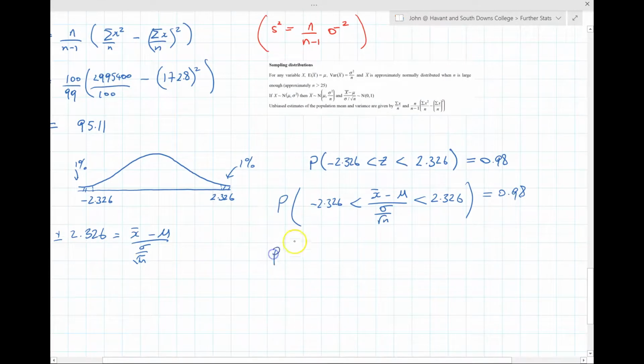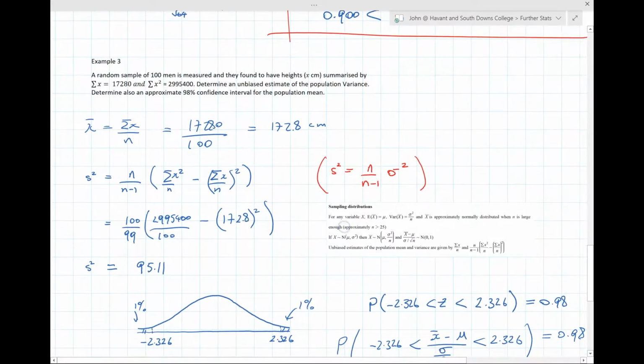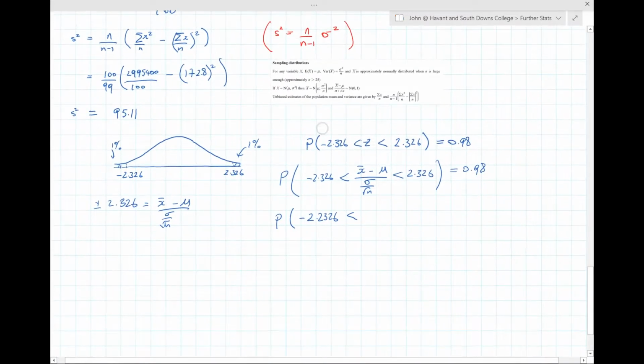So let's write in our values. 2.326, then the x bar that we found, which is 172.8. The estimator for the mean, the sample mean, is 172.8.